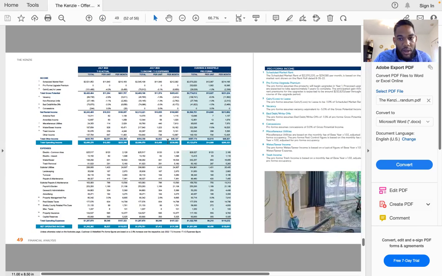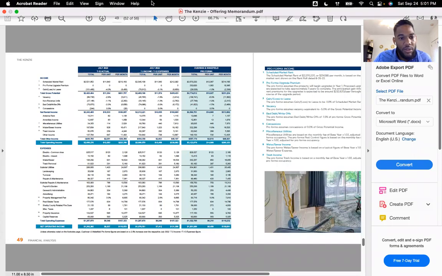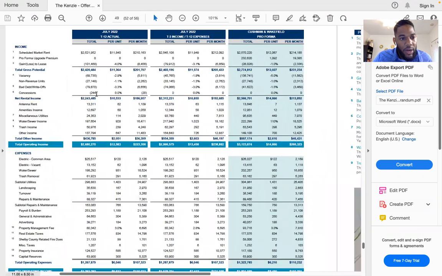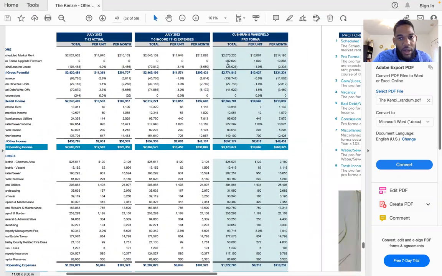All right. So we could probably look at where we're stacking up versus the broker real quick. Let me see if I can zoom in. Alrighty. So the pro forma for the broker is pretty in line with actual right here, guys.